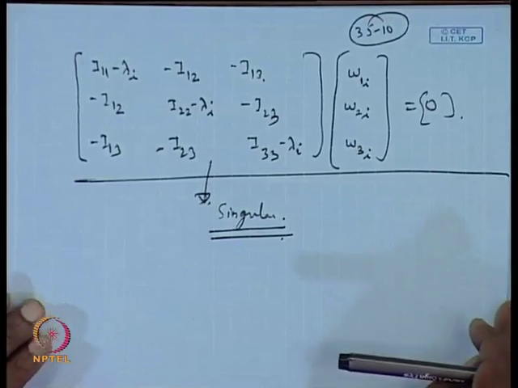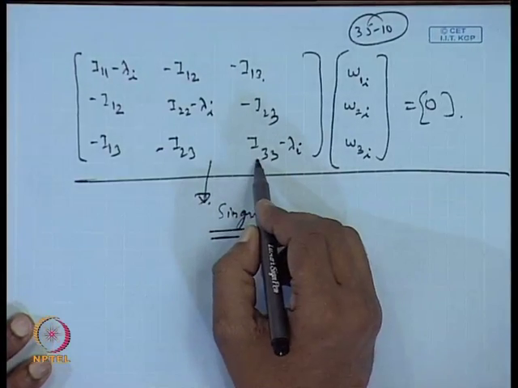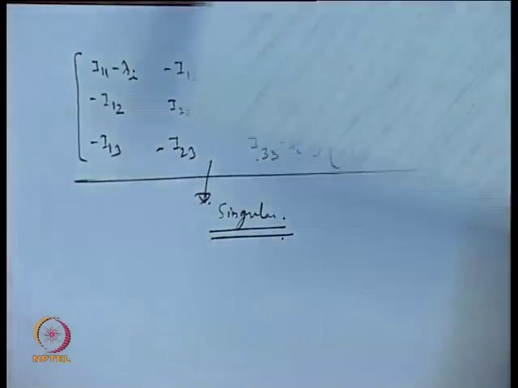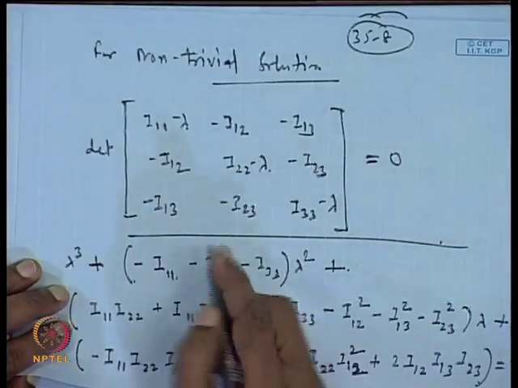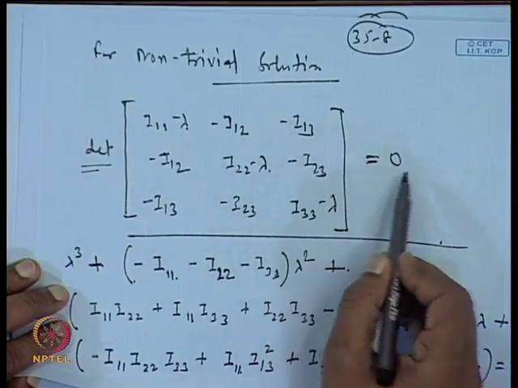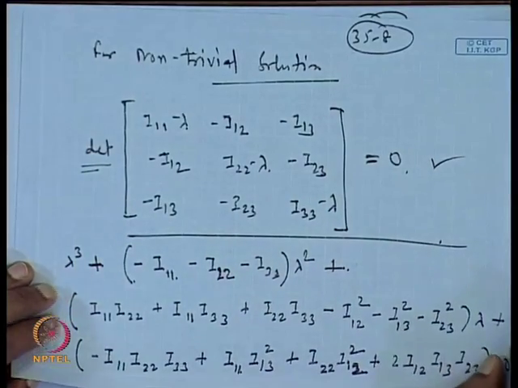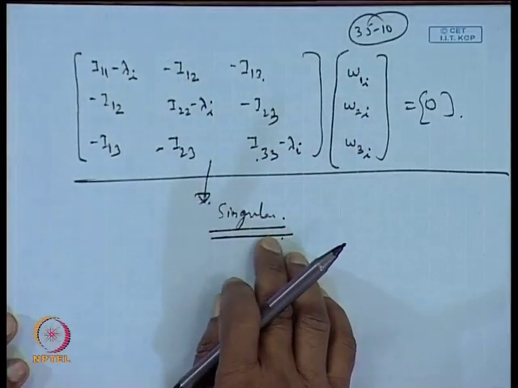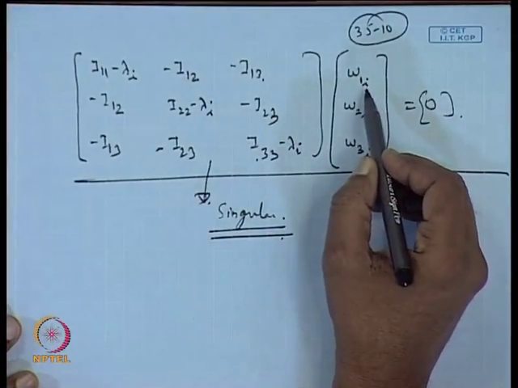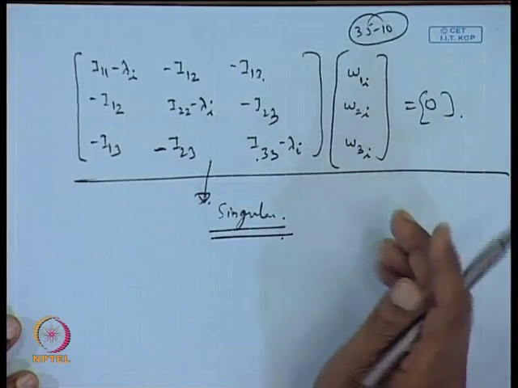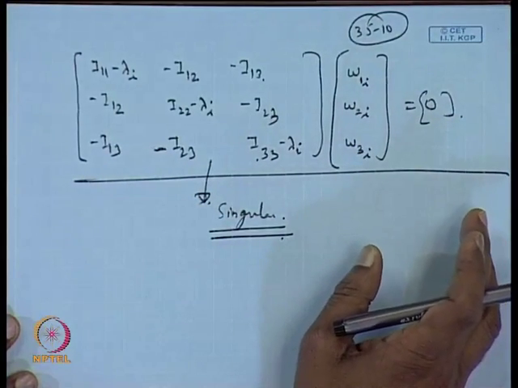What does singular mean? Singular implies that the determinant of this matrix will be 0, and for the non trivial solution, that is what we did here. We found the determinant of this, equated it to 0, and then worked out the principal eigenvalues. If this is a singular matrix, obviously you cannot solve for omega 1, omega 2 and omega 3 simultaneously.